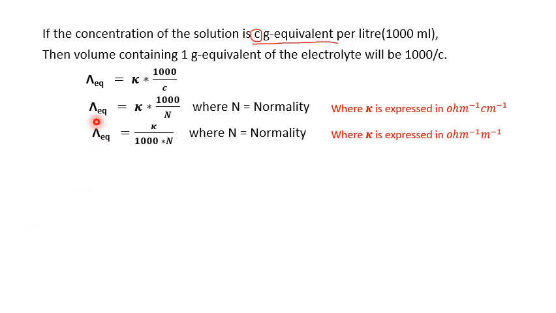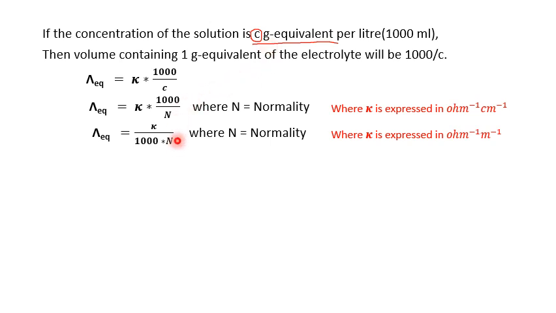Equivalent conductance equals kappa into 1000 by C, where C is replaced with N, capital N representing normality. Why are we replacing C? Because gram equivalents is nothing but the normality case. So here it is 1000 by N.